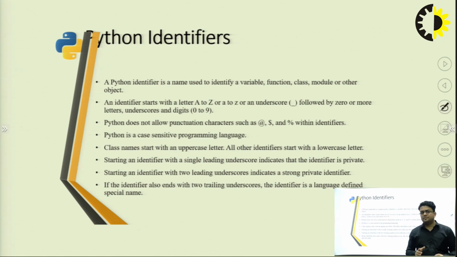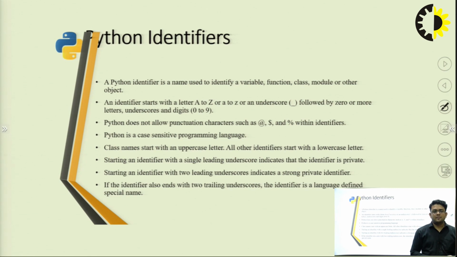Means in any identifier name we can use alphabets, digits, and underscore, and we can use only one special character, that is underscore. Other than underscore we cannot use any special character. Python does not allow punctuation characters such as at the rate, dollar, and percentage within identifiers. Only underscore we can use.